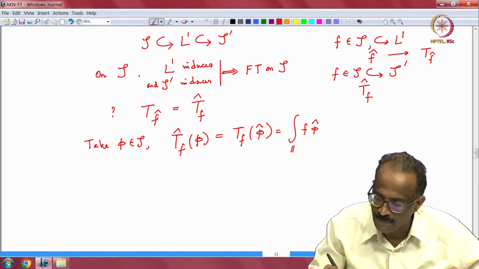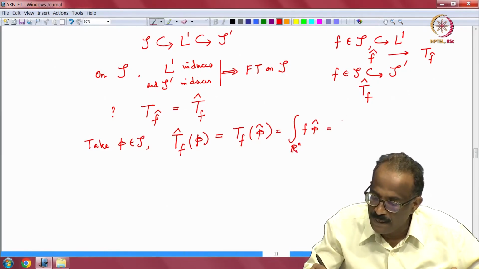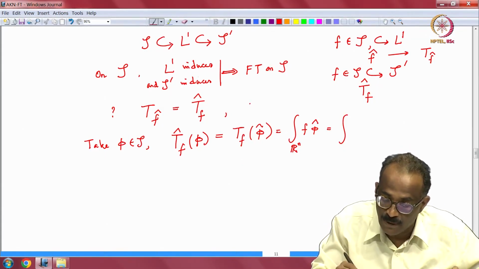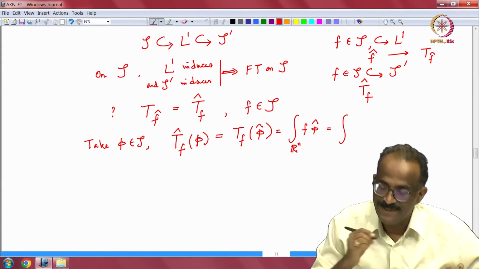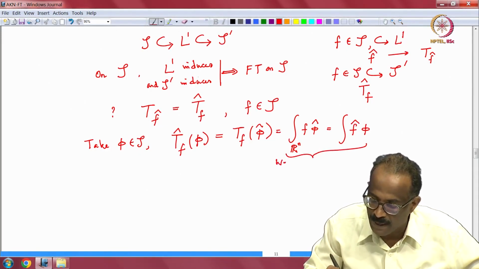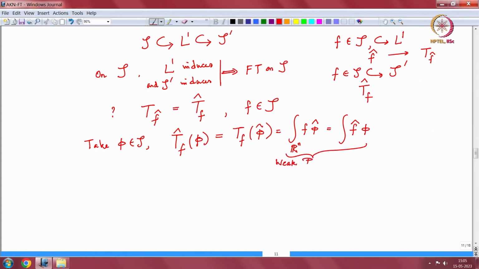Now, f is in zeta, do not forget that. When f is in zeta, this is equal to the integral of f hat phi. This is nothing but the weak Parseval relation, so it is just an application of the weak Parseval relation.